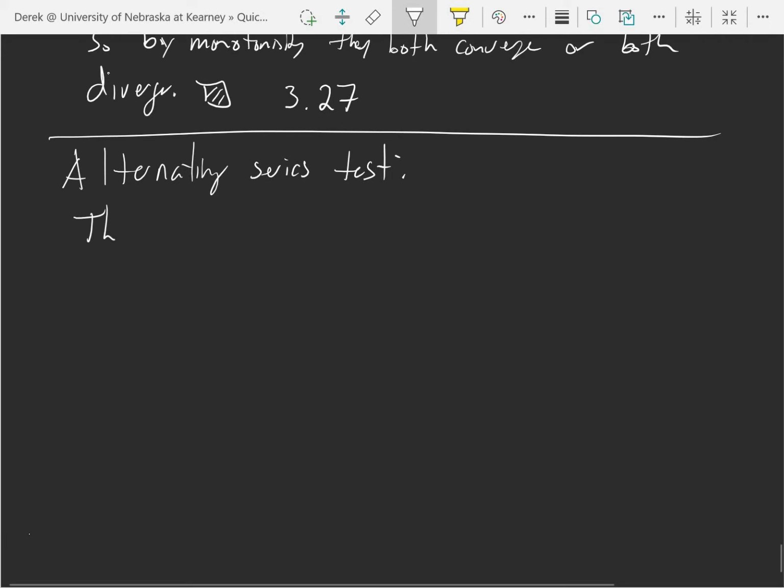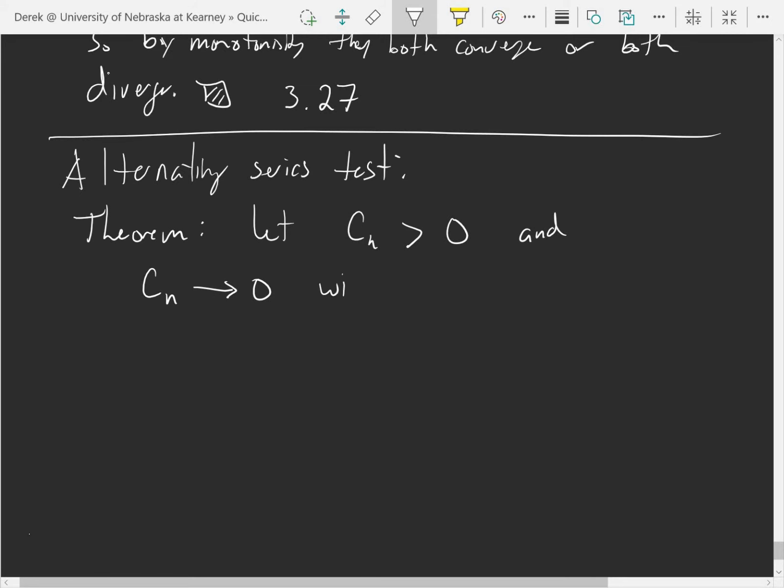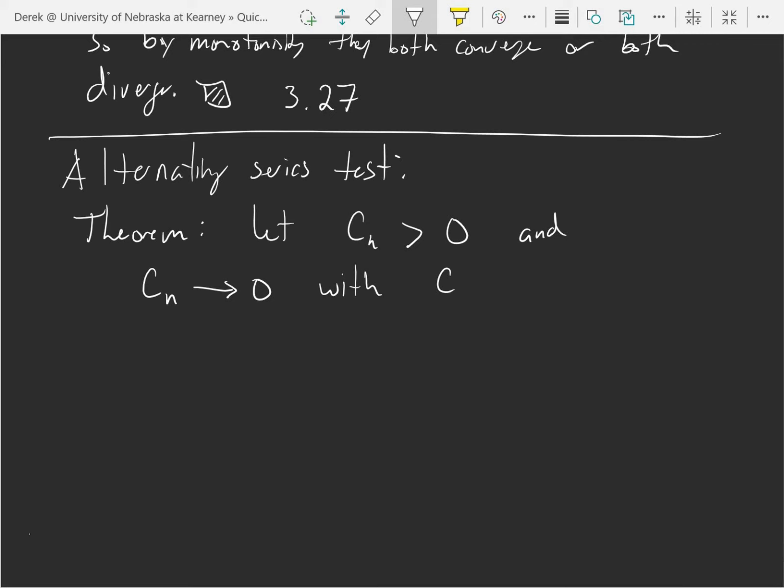So let's write this theorem. Let c sub n be bigger than 0 and c sub n decreases to 0. So with c sub n bigger than c sub n plus 1, bigger than or equal to 0 for all n.